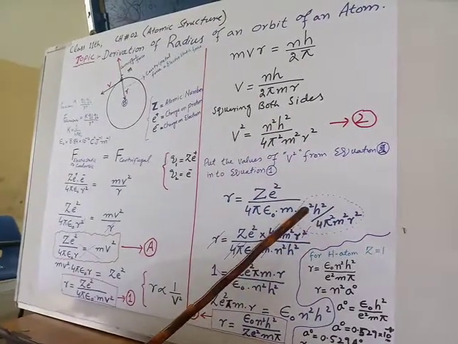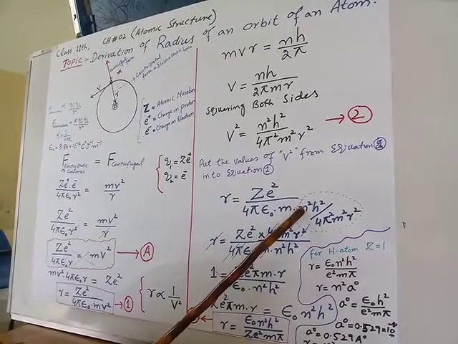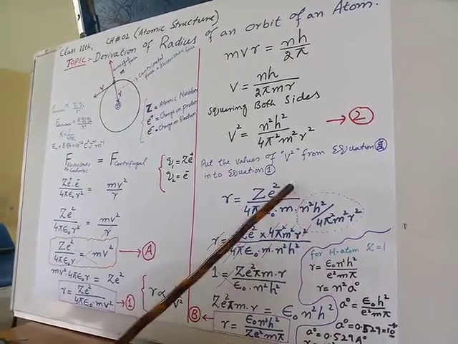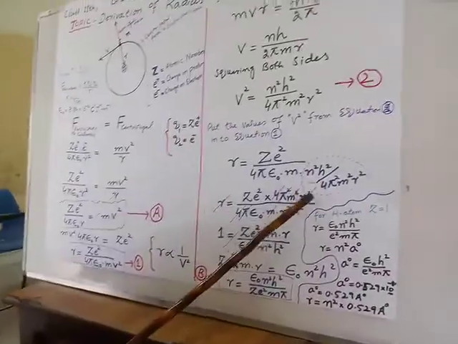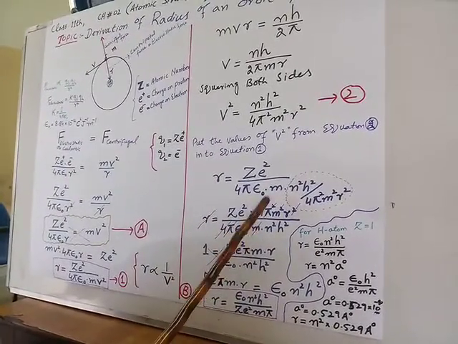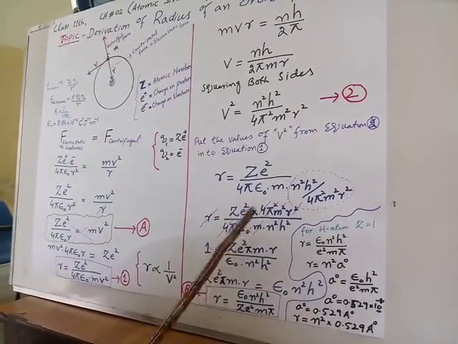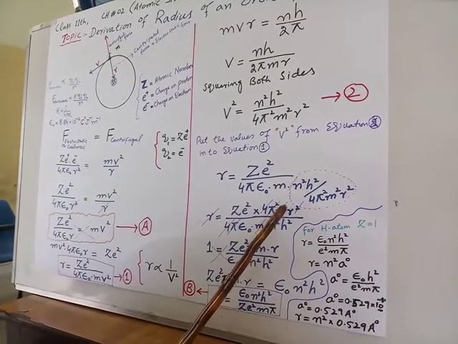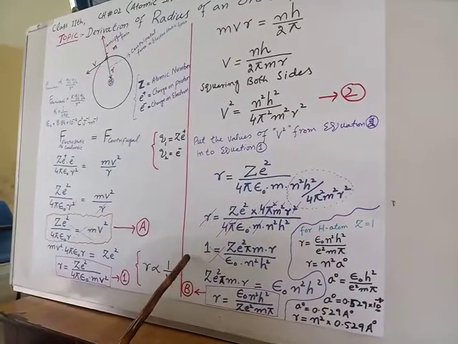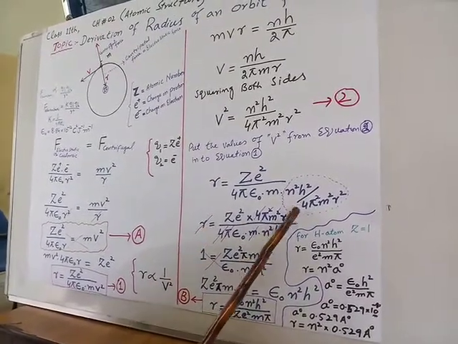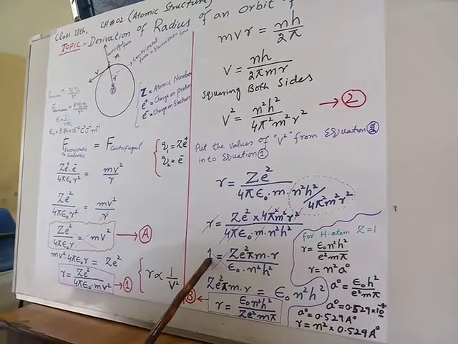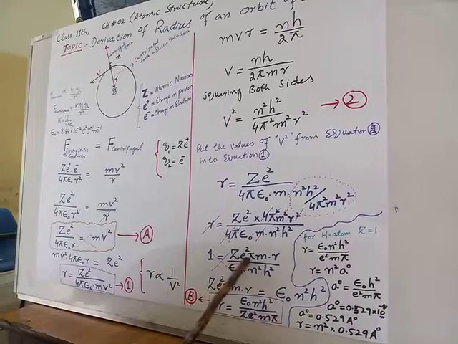The denominator of the denominator goes up to the numerator, so this term goes upward, and we cancel the like terms. 4 is cancelled with 4, pi square with pi, so one pi is left here. m with m square, one m is cancelled with this m, and this r square is cancelled with this r, so one r is left here. And we get this equation.